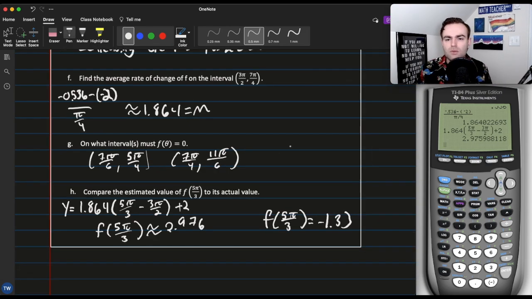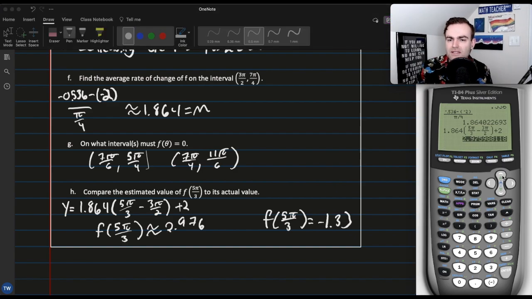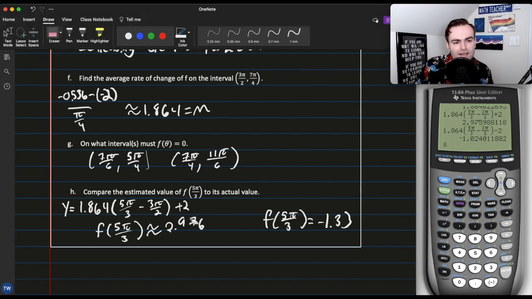Oh, I see what I did wrong. What I did wrong is this should be a minus. There we go. So I was wrong. Let's fix that. So the estimate of f of 5 pi over 3 is negative 1.024.